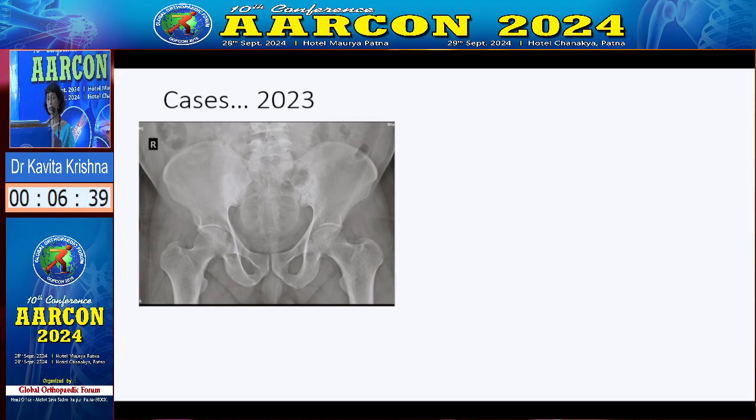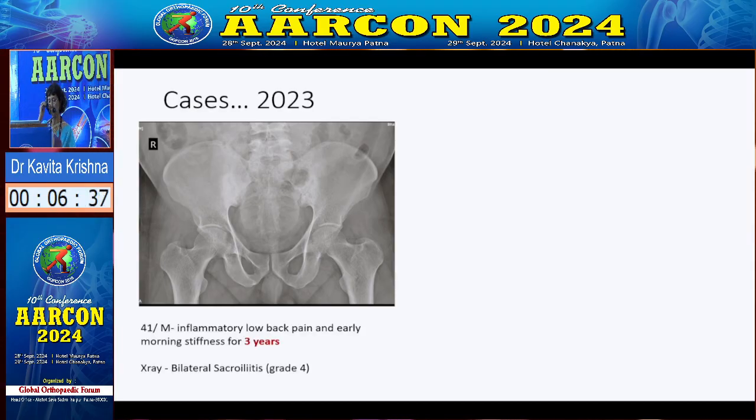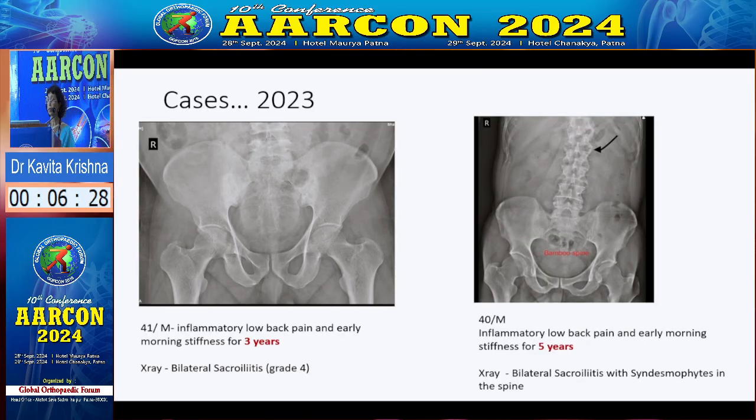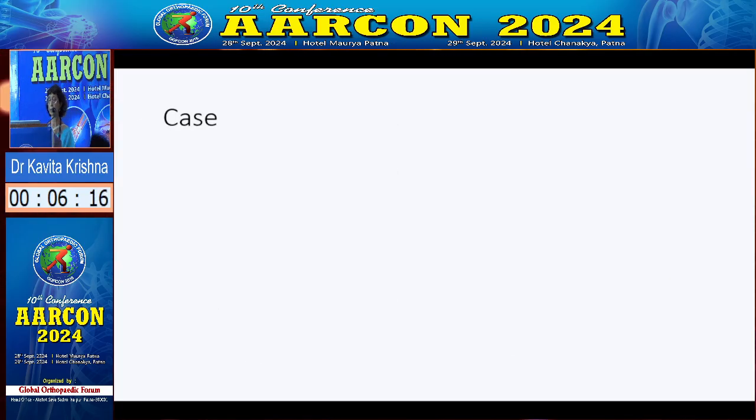This case was seen by us, a 41-year-old man, with inflammatory low back pain and early morning stiffness for 3 years, but X-ray was already showing bilateral sacroiliitis grade 4. This patient is a 40-year-old male with stiffness for 4 to 5 years and bilateral sacroiliitis, but as you can see, the bamboo spine has already set in, so probably the pain and stiffness was more than 5 years.